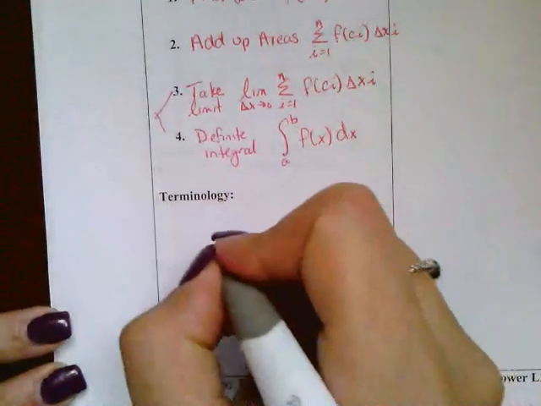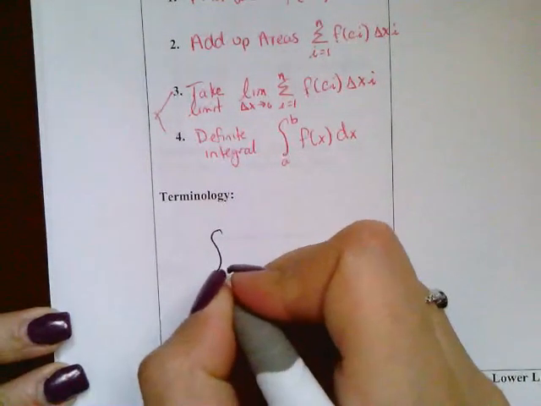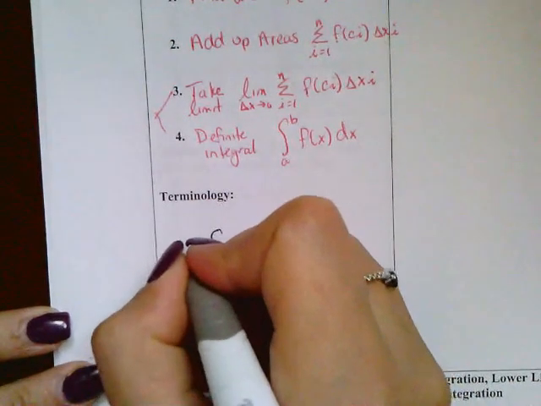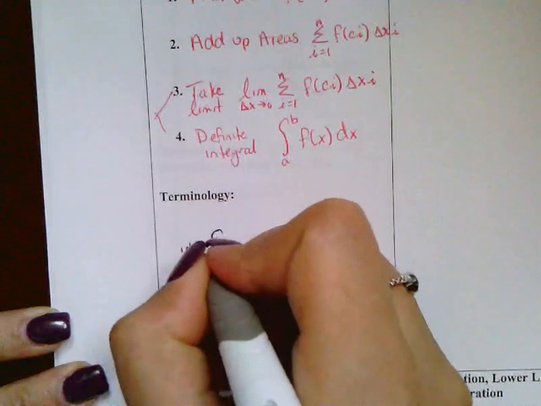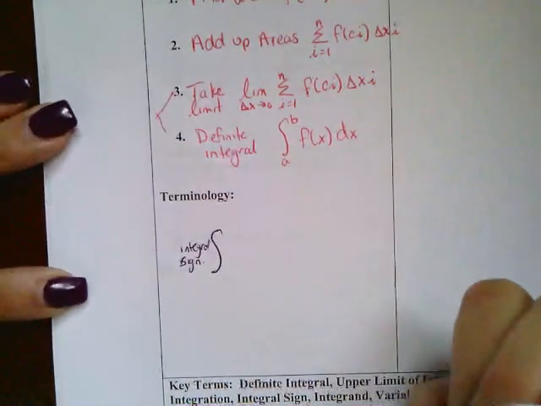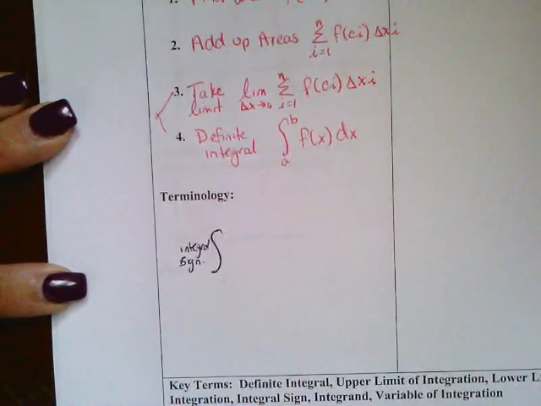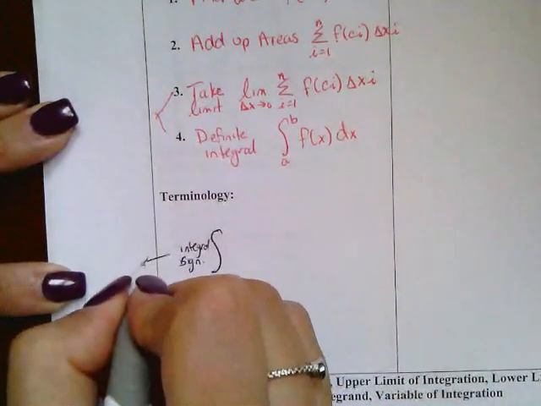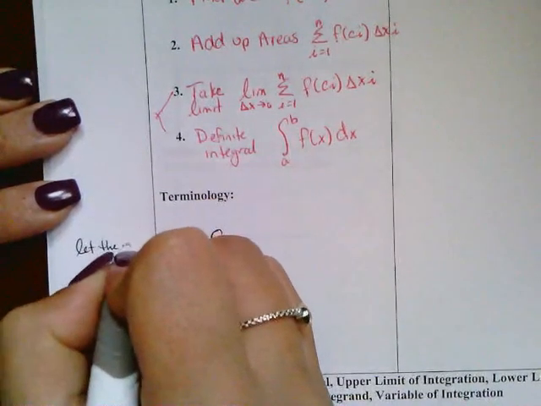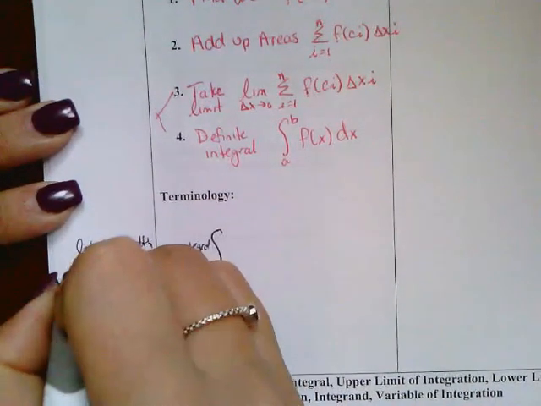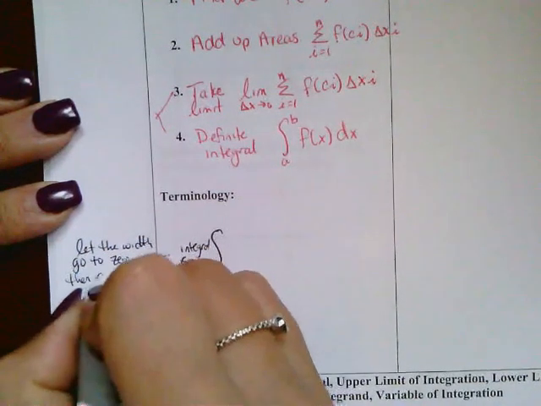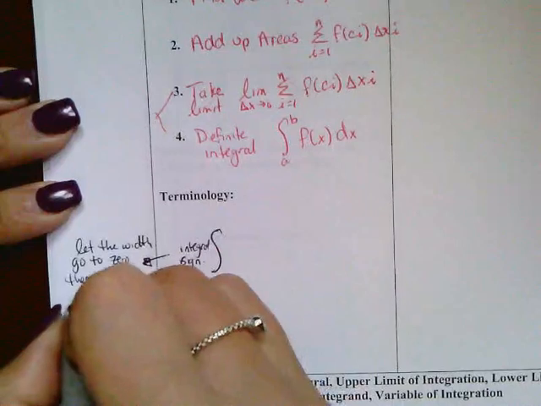So here's the idea. You have the integral sign, which means let the width go to 0 and add up the area. That's basically what the integral sign means. It means let the width go to 0, then add up the area.